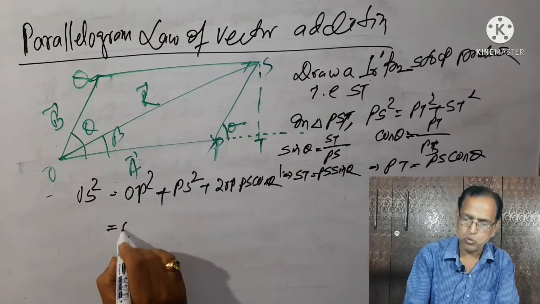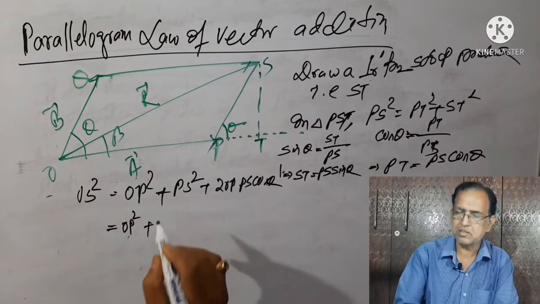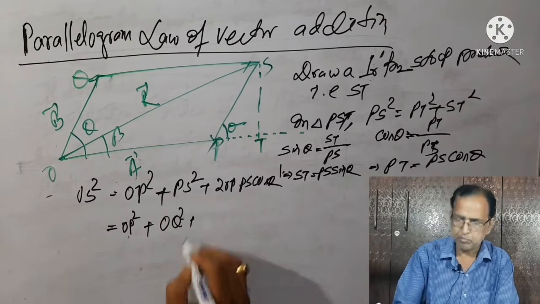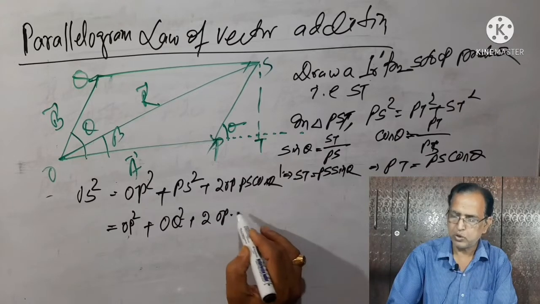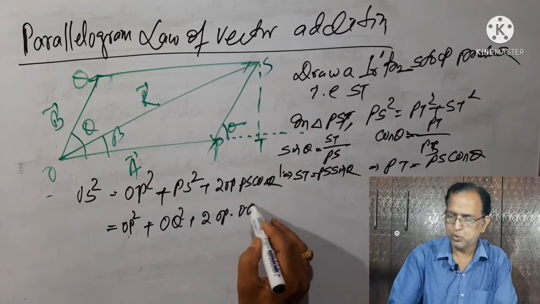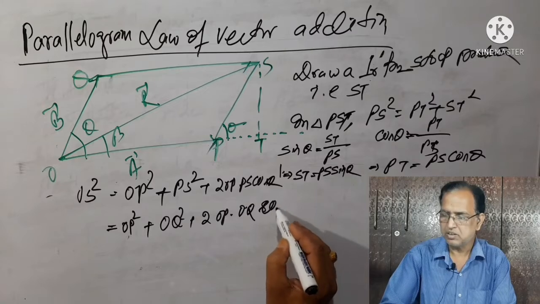So that is OP square plus OQ square plus 2 OP into OQ cos theta.